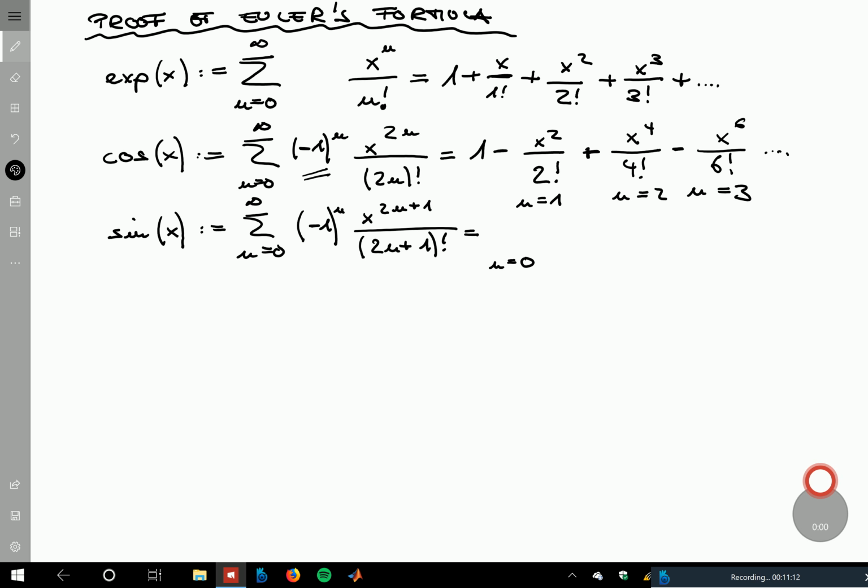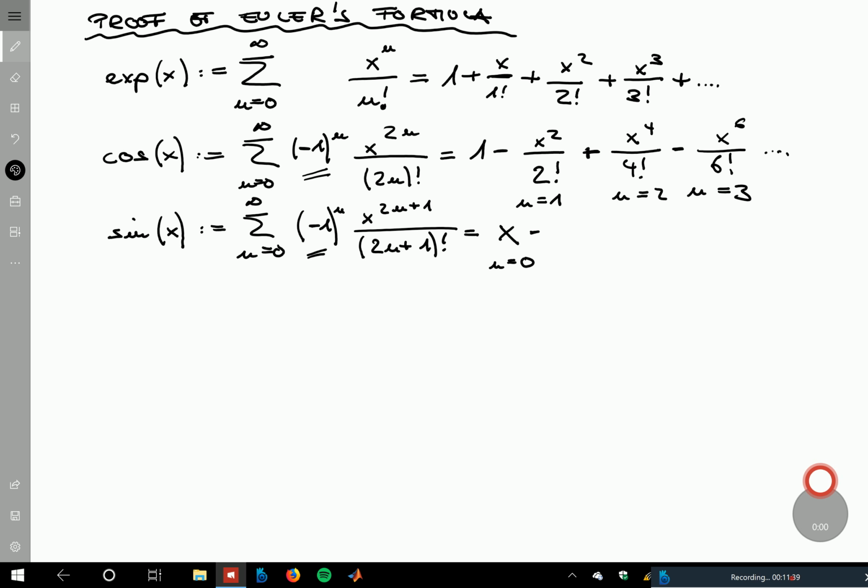So we have 1. For this we have 2 times 0 plus 1, so we have x. And for this we have factorial 1, which is 1. So we just have x.